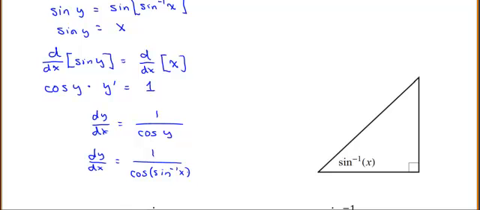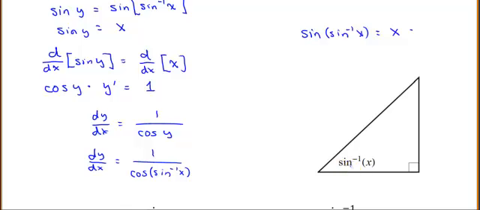Now these are not inverses of one another, so we can't just say that this is x. But sine inverse of x is like an angle, and if I take the sine of the sine inverse of x, I get x. So the sine of this angle is x.